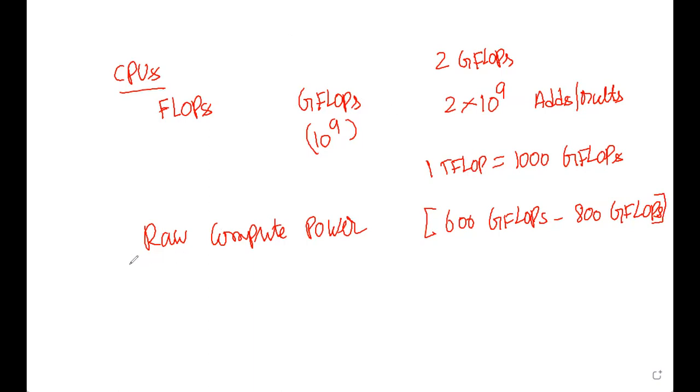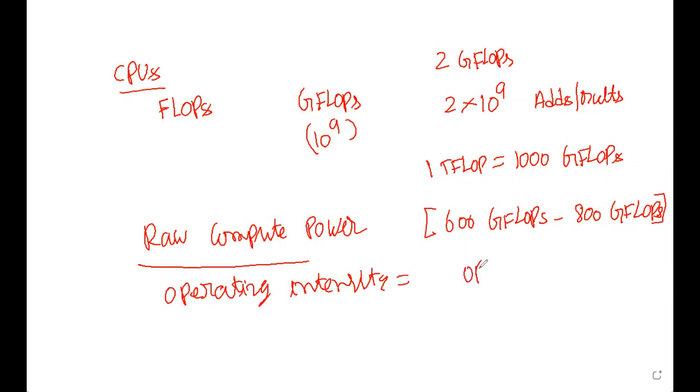The next idea, which we have already defined, is operational intensity or compute intensity. It is floating point ops per byte of data that is fetched.